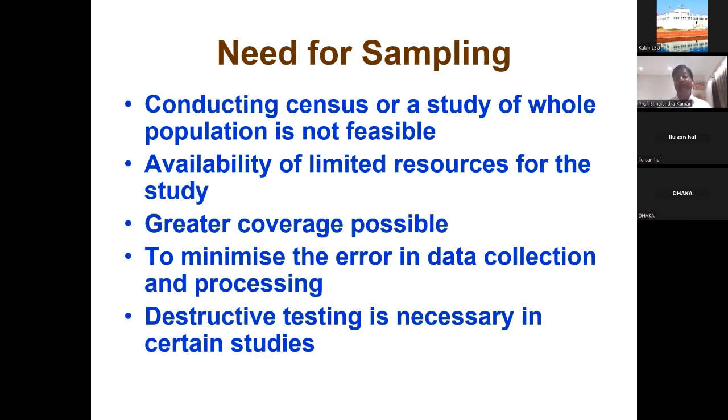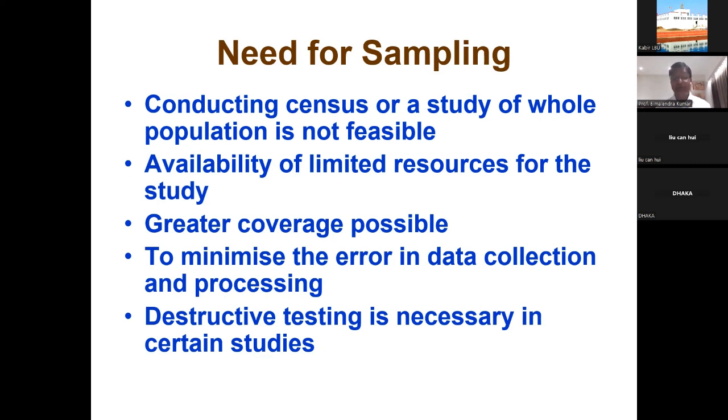So here there is a need of sampling, because conducting a census or study of the whole population is not feasible. There is also the availability of limited resources for the study. So there is a lack of resources to have the whole study. In that way, we need to have some sampling or survey method.